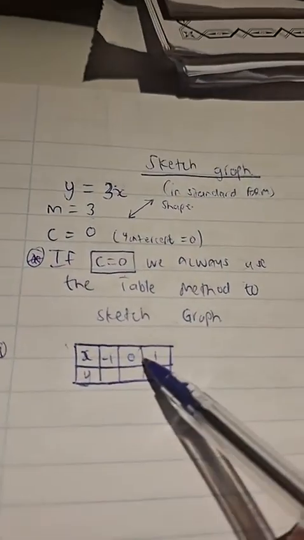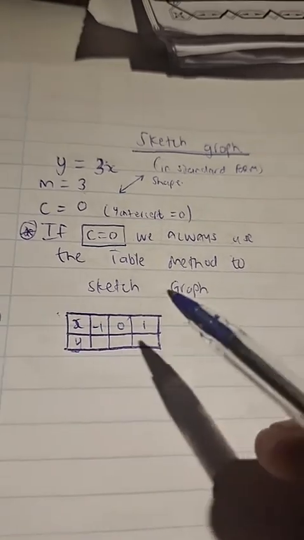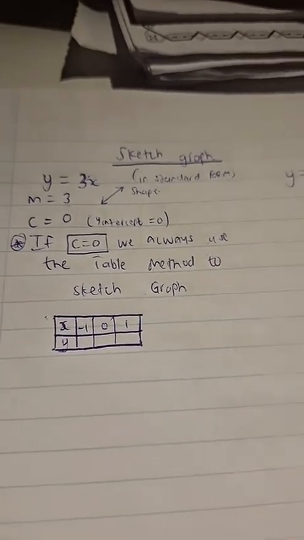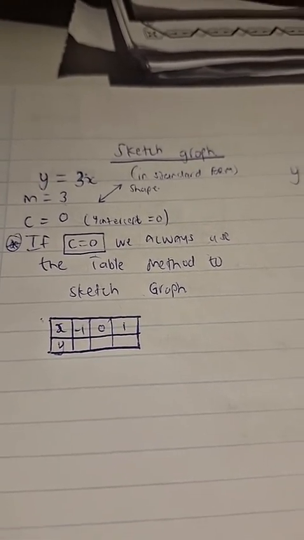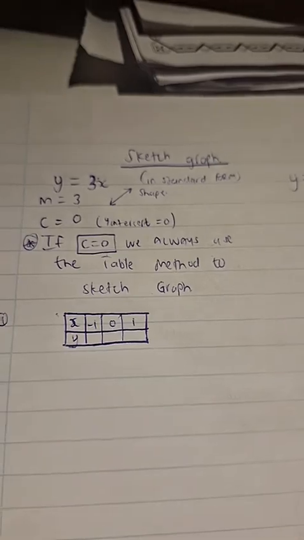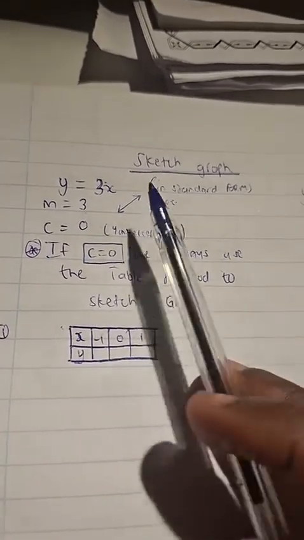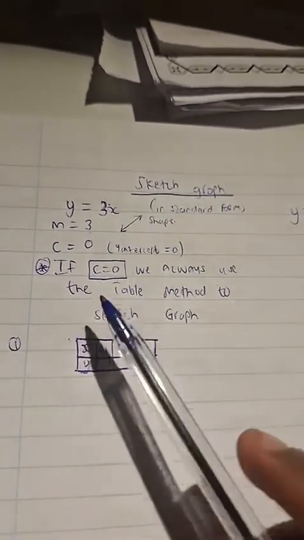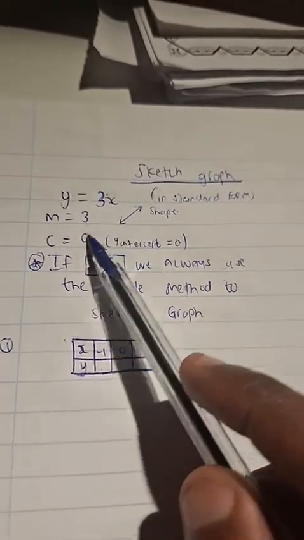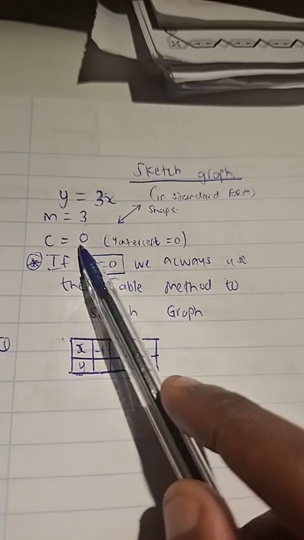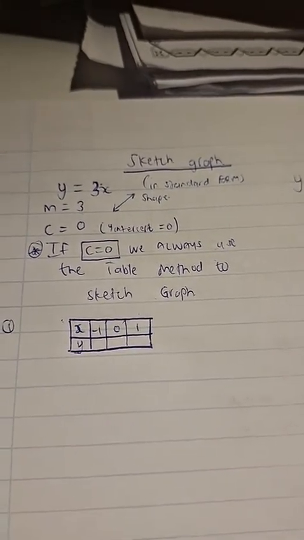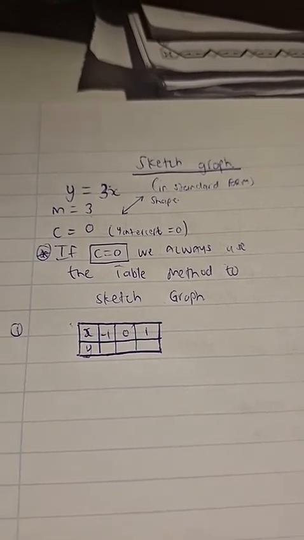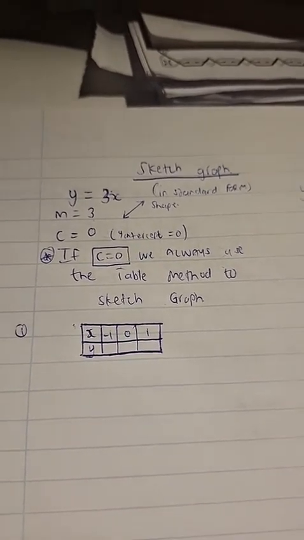You make life easy for yourself. Sometimes they give you the values of x that they want you to utilize in your table. So you always check if they've given you x values. If c is equal to 0, you go to the table and use your table method to sketch the straight line function.